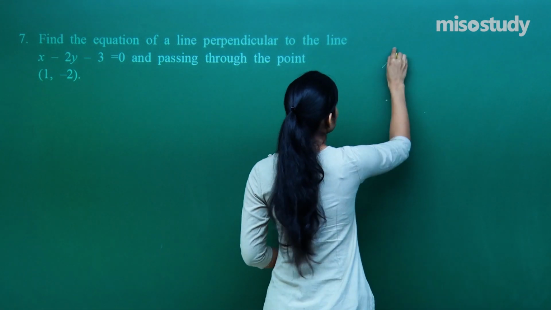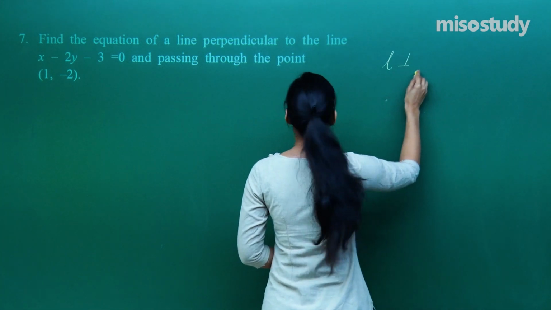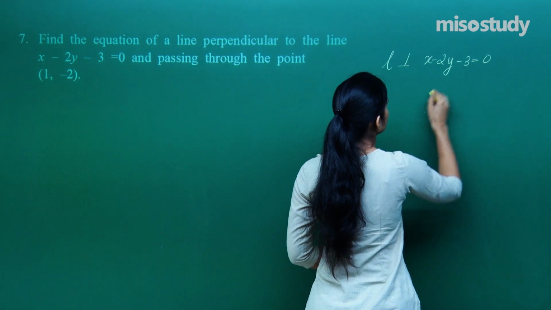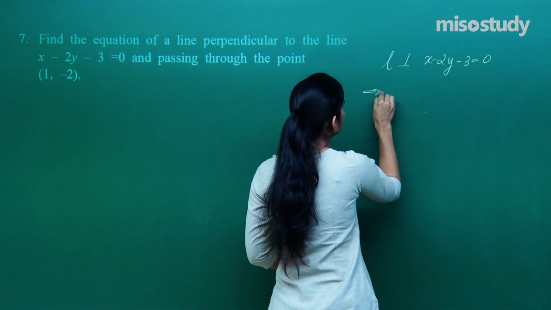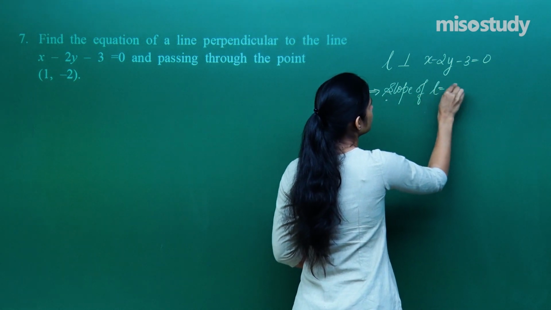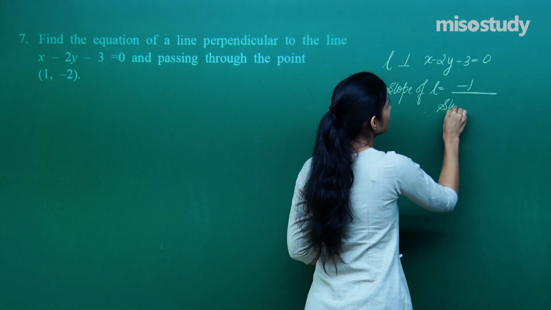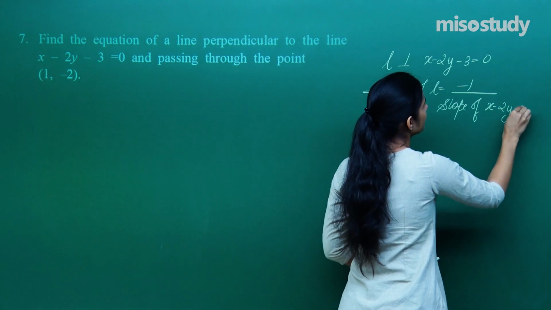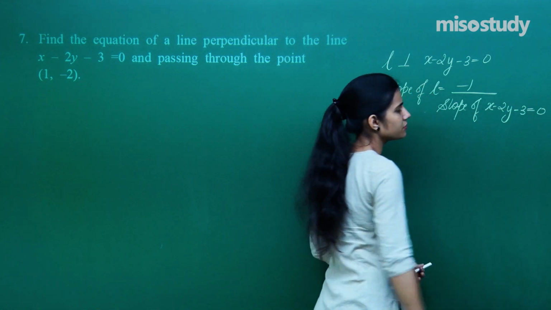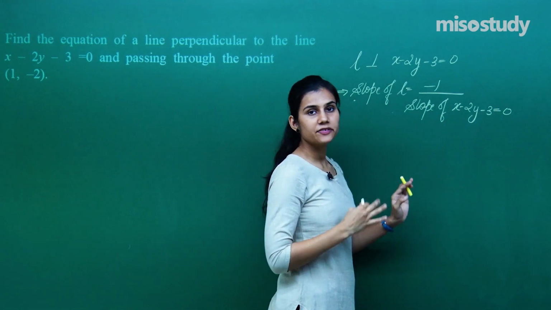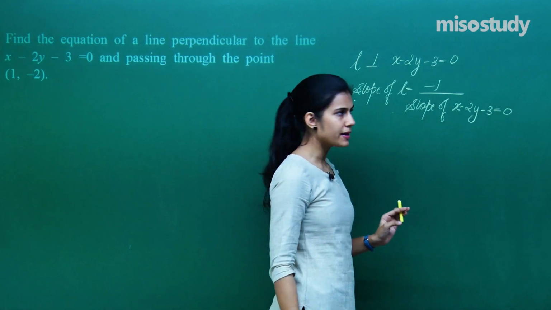So if line L is perpendicular to the line x minus 2y minus 3 equals 0, this implies the slope of L is minus 1 upon the slope of x minus 2y minus 3 equals 0, because the slopes are negative reciprocals of each other when the two lines are perpendicular.